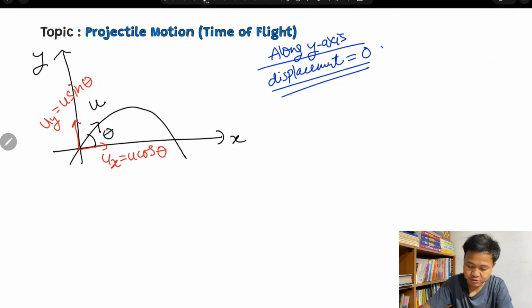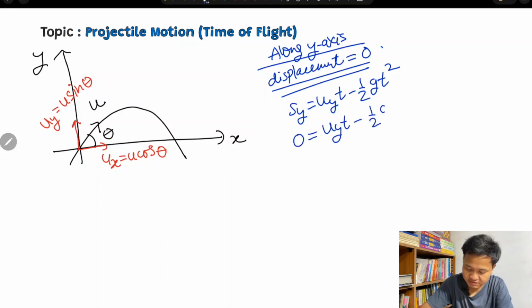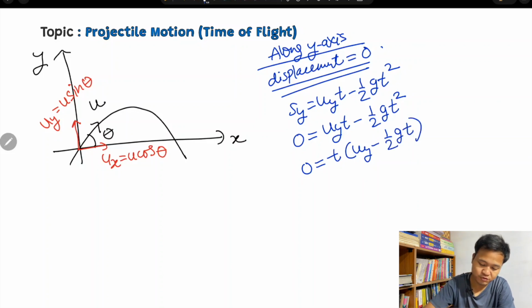So write the kinematic equation. 0 equals sy equals uy into t minus half g t square. So 0 equals uy into t minus half g t square. Here t is common, so 0 equals t into (uy minus half g t). So I can have two values.